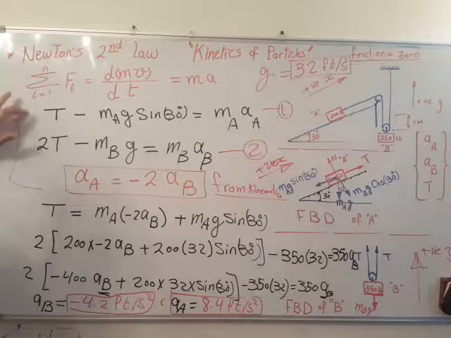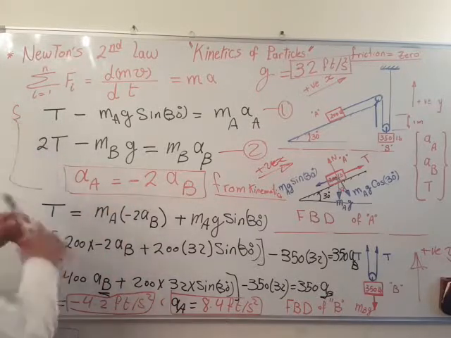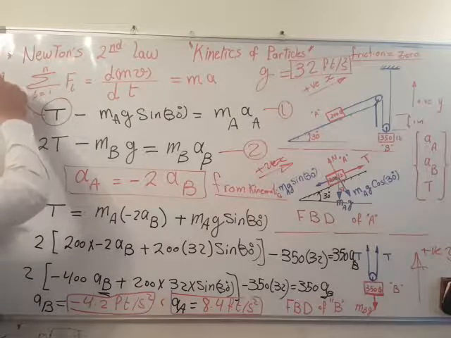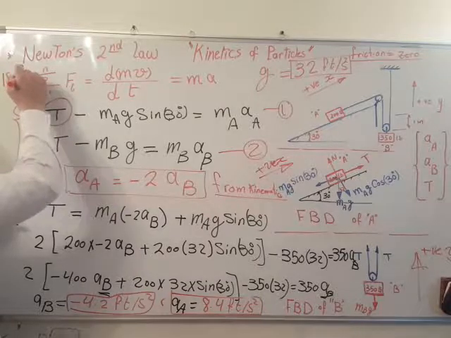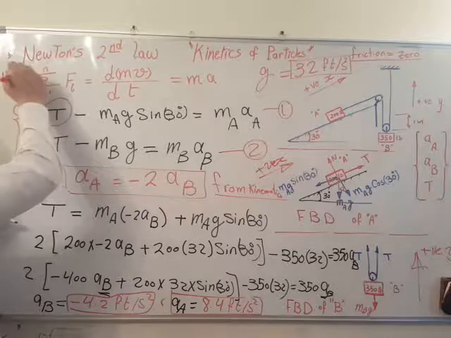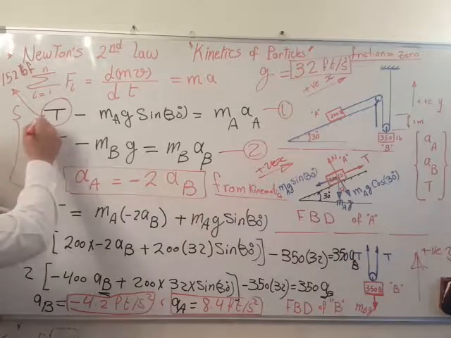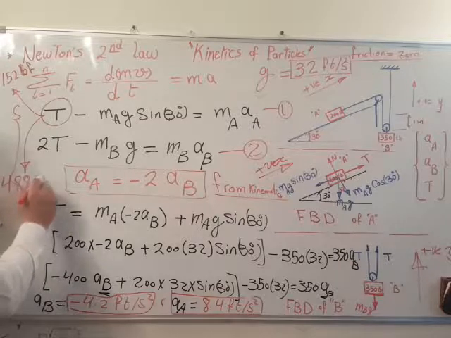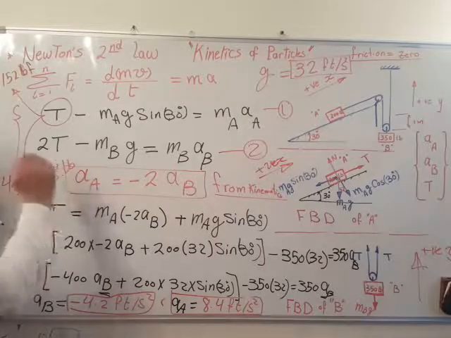You can easily calculate the tension T, which is equal to about 152 pound force, or equal to 4,880 feet per second square times pound.